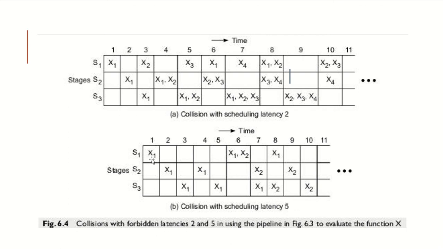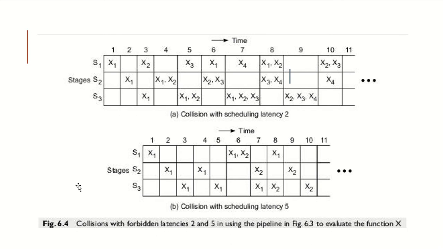Here the first initiation of S1 happens at clock cycle 1 and the second initiation happens at 6, in the case of X1. But in the same clock cycle 6, X2 is also requesting the same stage, which is a perfect example of collision, with a latency of 5.